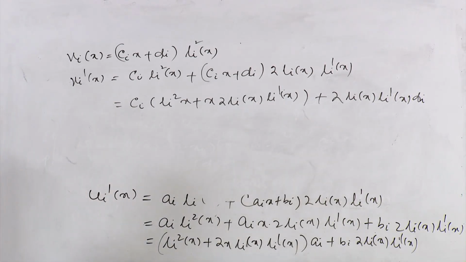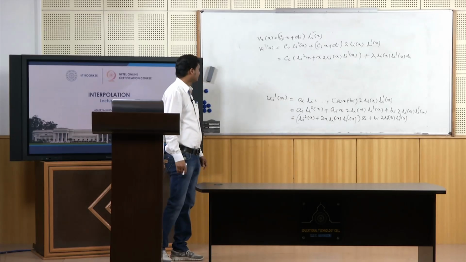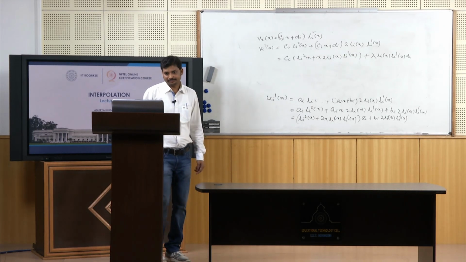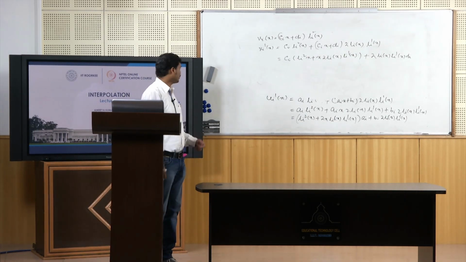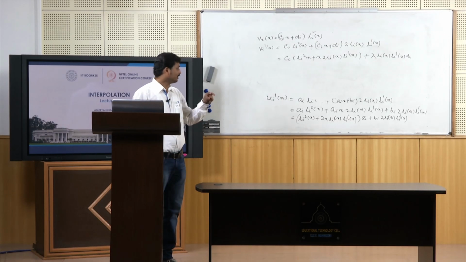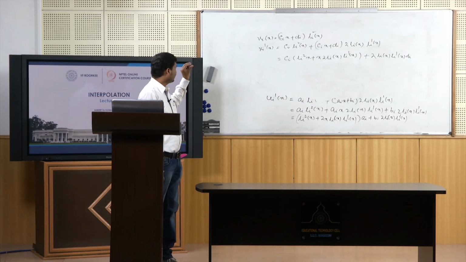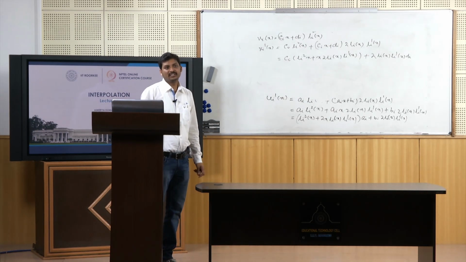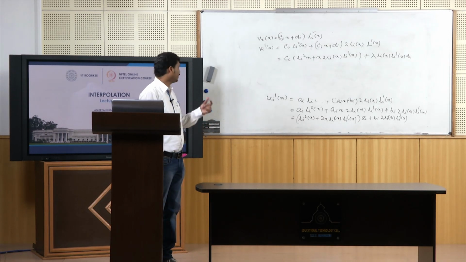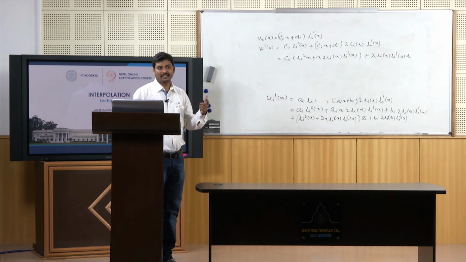So, if we put here x as xi, then we can eliminate these ci, di from both these equations, and we can get these coefficients in the form of either Li(x) or xi there.